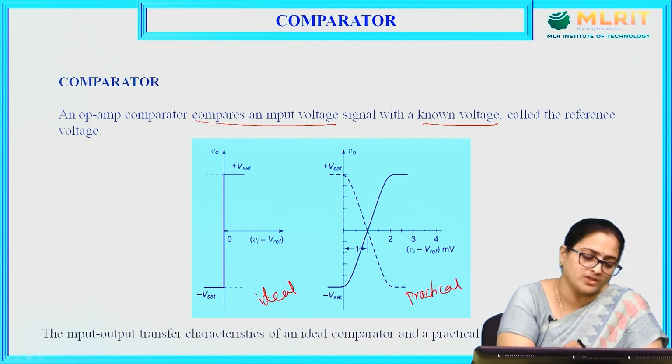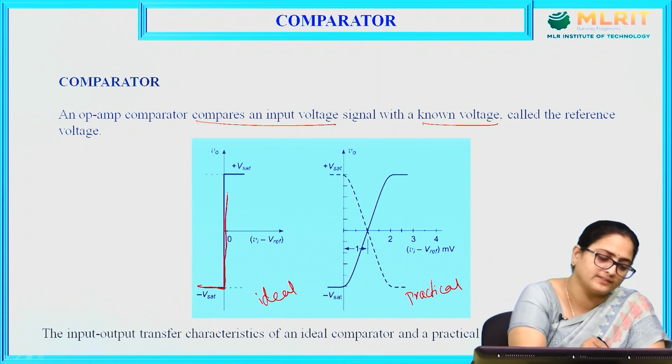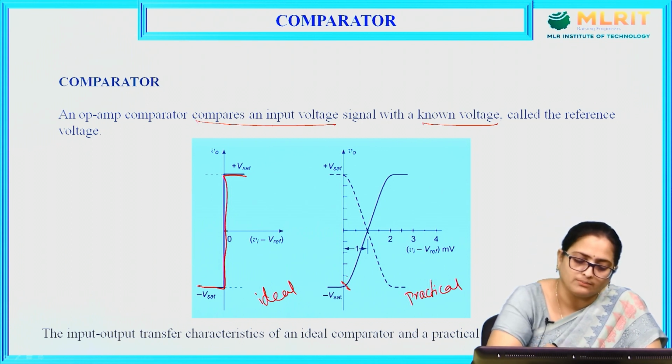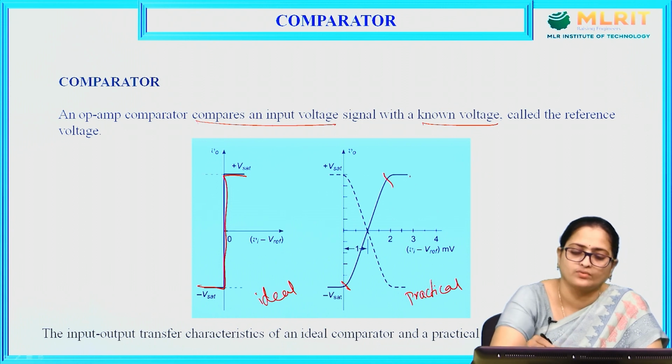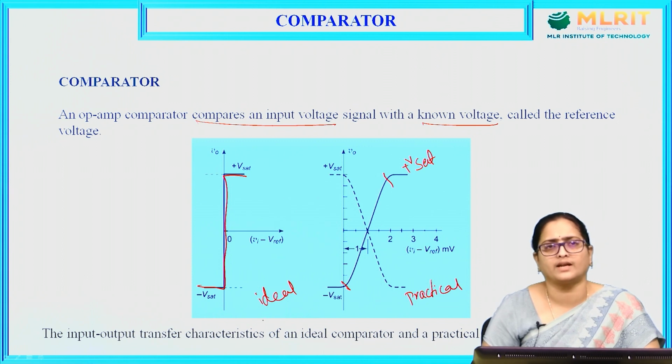Here, if you observe, in the ideal characteristics there is a spontaneous switching between plus Vsat and minus Vsat, whereas in the practical one there is some lag to transfer from plus Vsat to minus Vsat. This is the difference between the ideal and practical comparator characteristics.